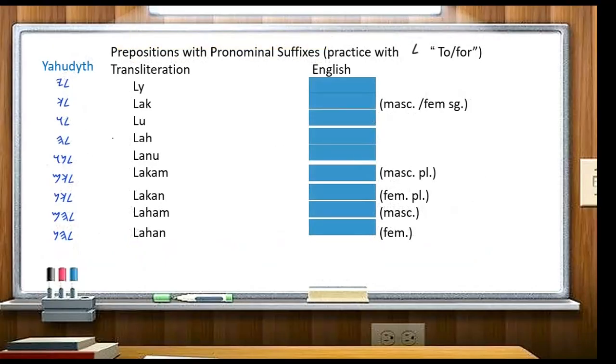So here we have the word li. Do you remember what the lamad means when it is used as a preposition with pronominal suffixes? If you're looking carefully at the slide, you'll observe it means to or for.